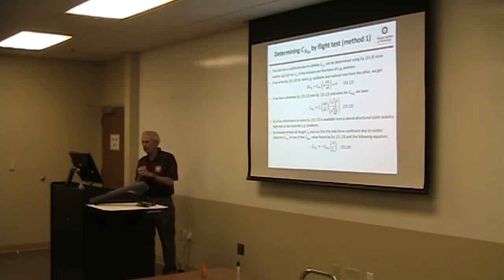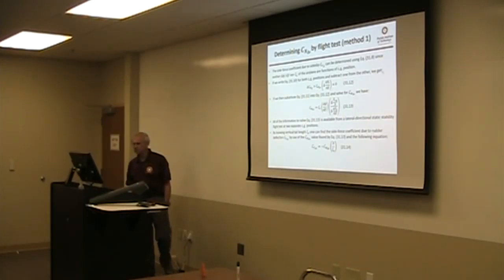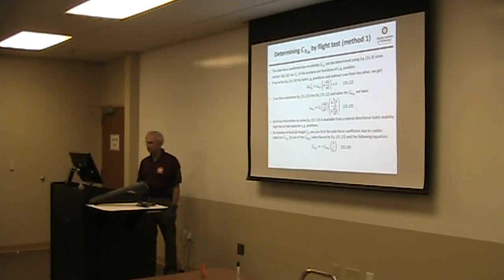We can determine that using an equation, since neither the bank angle versus side slip nor the lift coefficient of the airplane are a function of CG. And so we write an equation for those two CG positions, and subtract one from the other. So delta Cn beta plus Cn delta R is delta R over change in rudder deflection versus side slip, so the slope of that line.